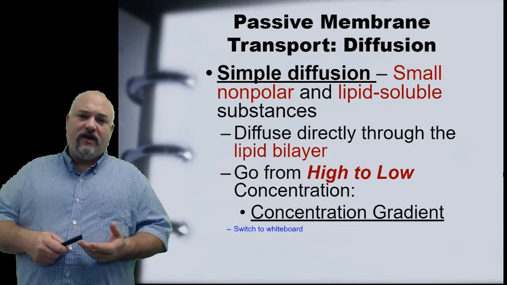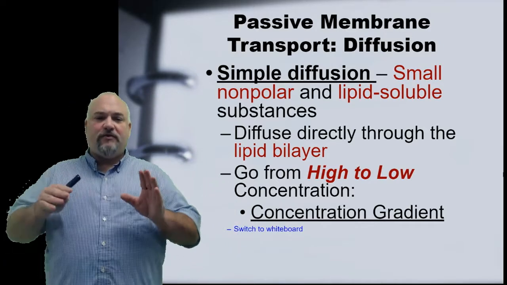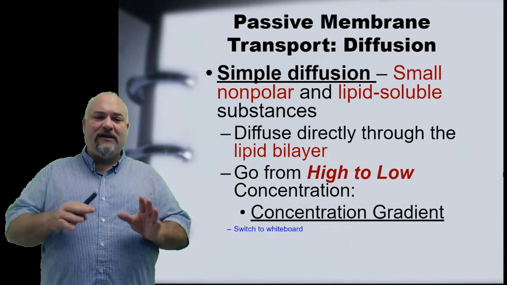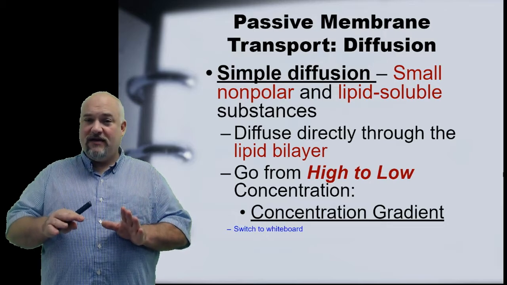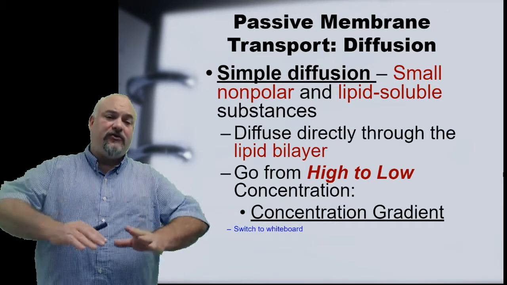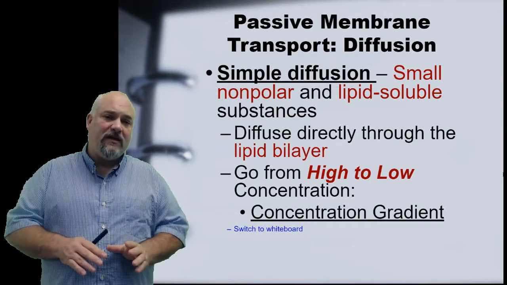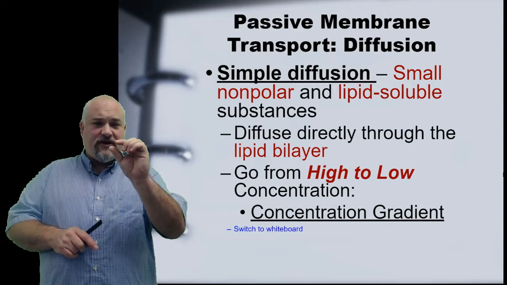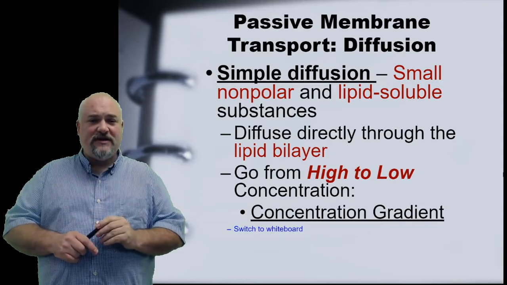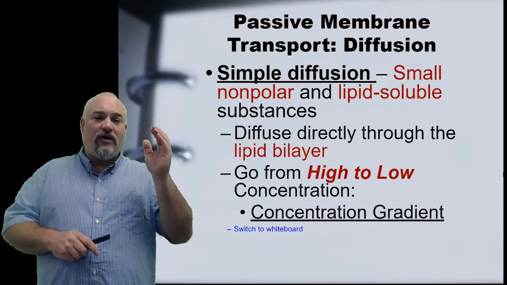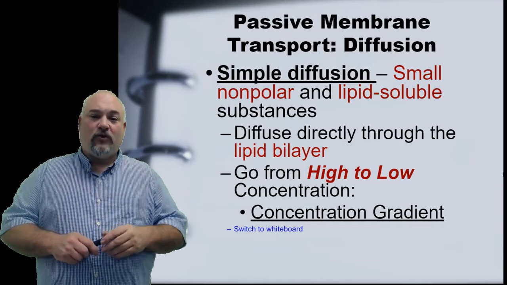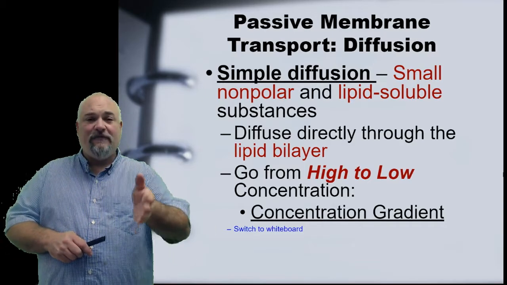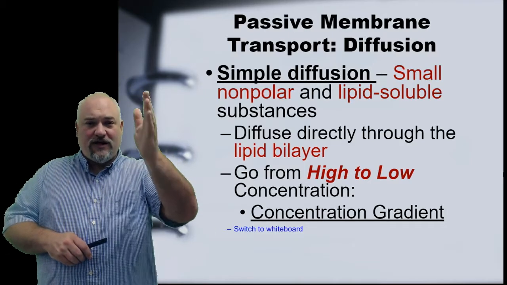Simple diffusion, this is plain old regular diffusion, is where we have small, nonpolar, and lipid-soluble substances that can diffuse directly through the phospholipid bilayer. If they're small enough, like we saw in that video, they can squeeze between the phospholipids. If they're nonpolar or hydrophobic or lipid soluble, all the same thing basically, they can diffuse through that bilayer.